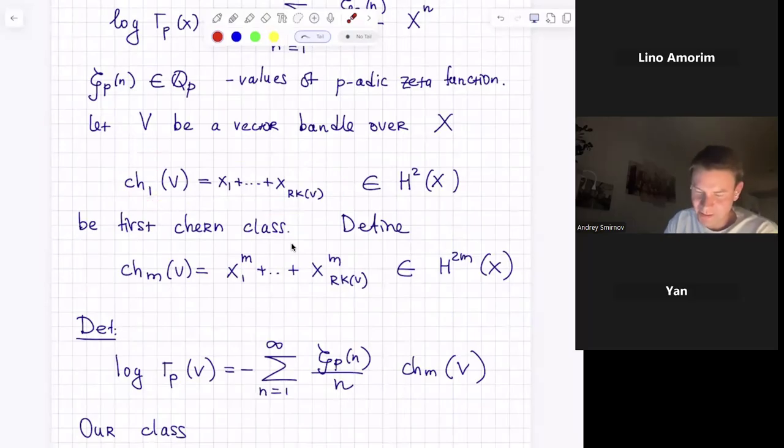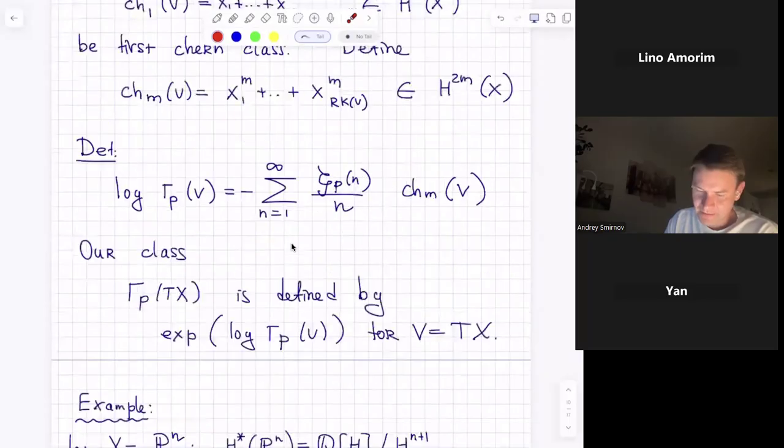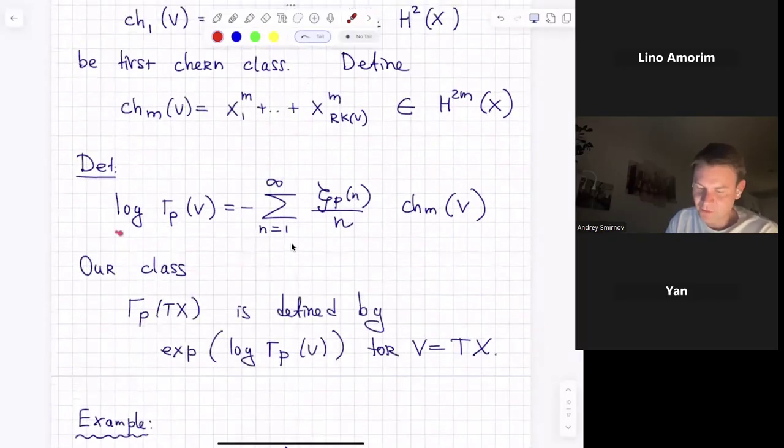Then you can define the m-th Chern class by this Newton sum of m-th powers. And then you simply define the logarithm of the gamma function of this vector bundle V using the same formula as its Taylor series expansion, but x to the power m is now substituted by the Chern characters of your bundle.